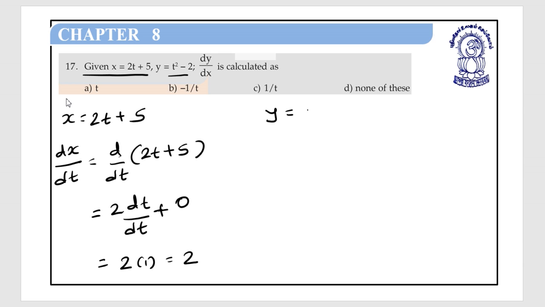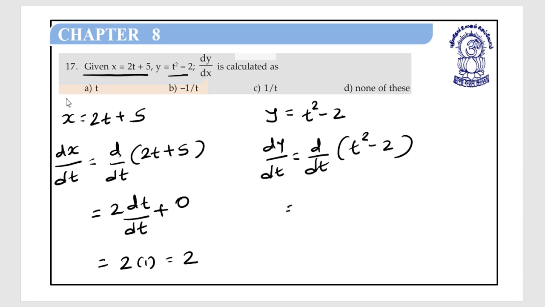y is equal to t square minus 2. So dy by dt is equal to d by dt of t square minus d by dt of 2, that is, a constant.